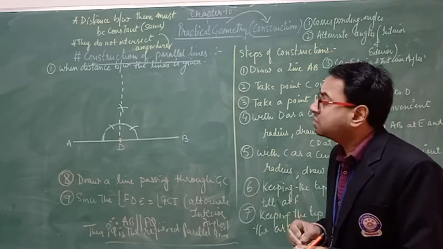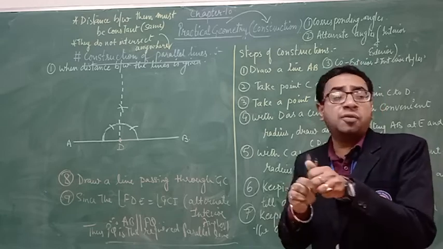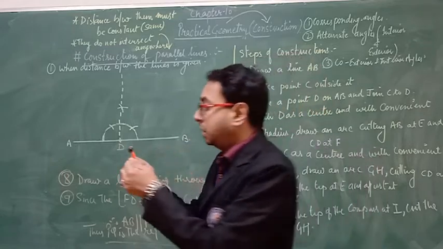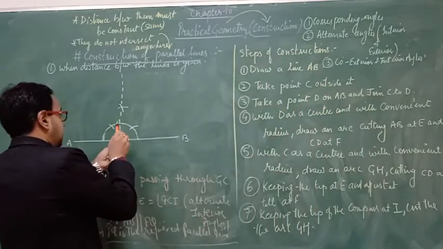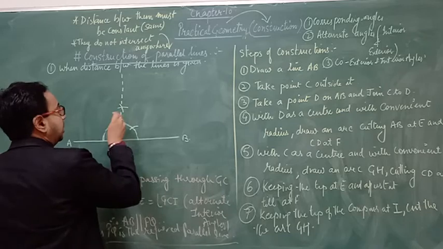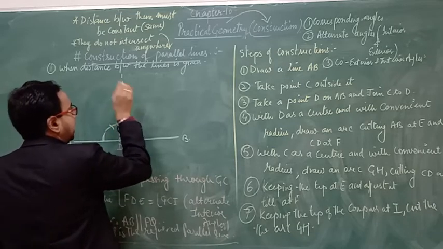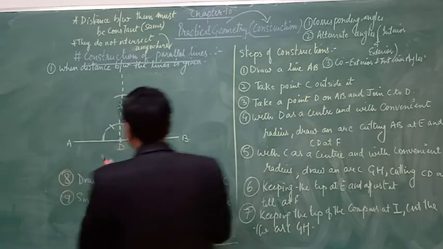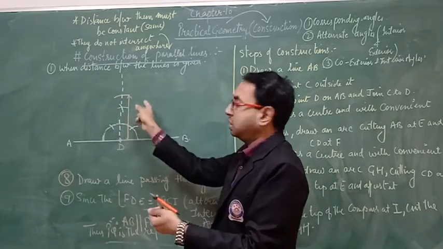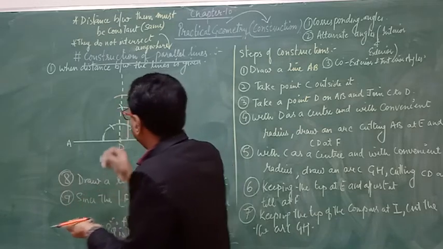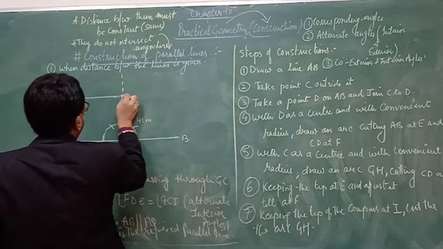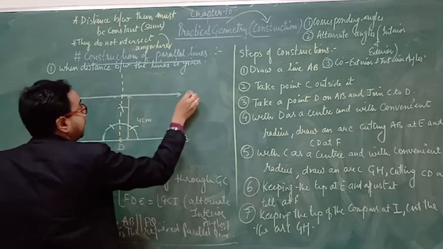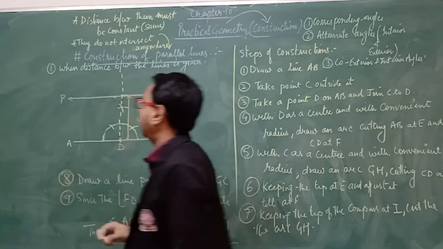Now, whatever the distance given to you, open the compass for that distance. If the distance is 4 centimeter, open your arc till 4 centimeter. Put it here and cut the perpendicular. This is 4 centimeter. Keep the compass tip here and draw the arc. Now pass a line through this arc, and hence you'll get the required parallel line at a distance of 4 centimeter.